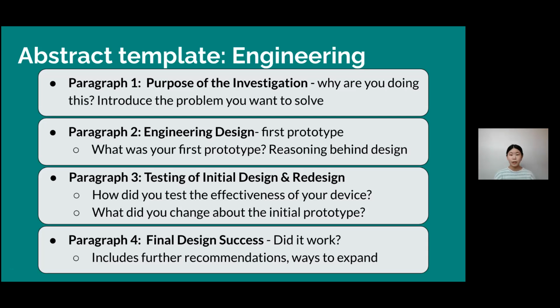In paragraph 3, talk about how you tested the effectiveness of your designs and briefly go over changes you made to further prototypes. And in paragraph 4, conclude in 1 to 2 sentences on your final prototype and how well it addresses your initial problem. And you can also briefly mention your further recommendations for additional prototypes, and make sure to write if it was successful or not.